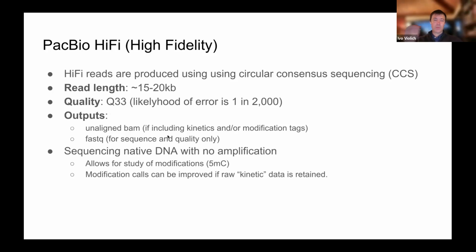It's not just a sequence. The format is more flexible, so you can have tags that include, in this case, kinetics or modification, and just more information than a FASTQ. The FASTQ format is very simple. It just has the sequence and the quality and a little bit of metadata.